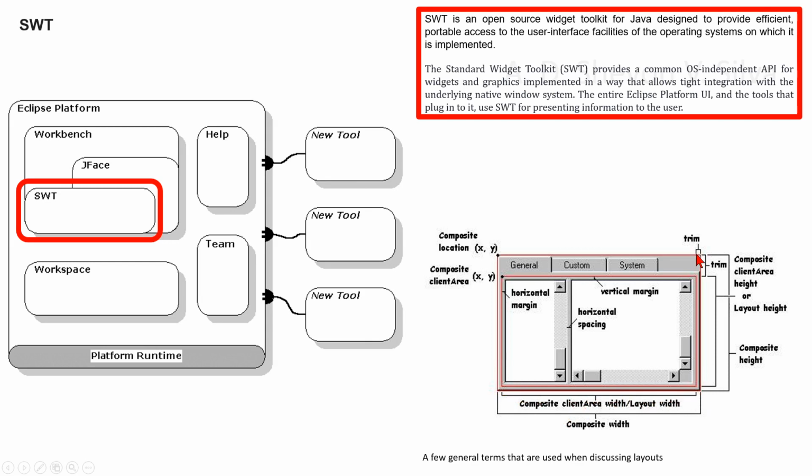Here you can see the trim, and here you can see the trim. Here you can see the height. Here you can see the composite client area height, or layout height, and here you can see the composite height.